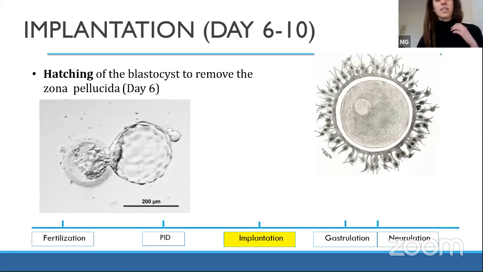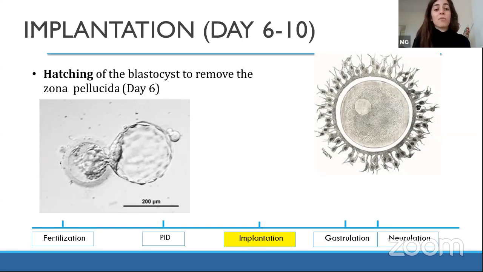Okay. So we're going to move on to, finally, implantation. Before this, the fertilized zygote is going to implant as a blastocyst. In fact, it needs to hatch from the zona pellucida, because the zona pellucida, as we said, is quite a dense structure of protein around the oocyte and then around the zygote.